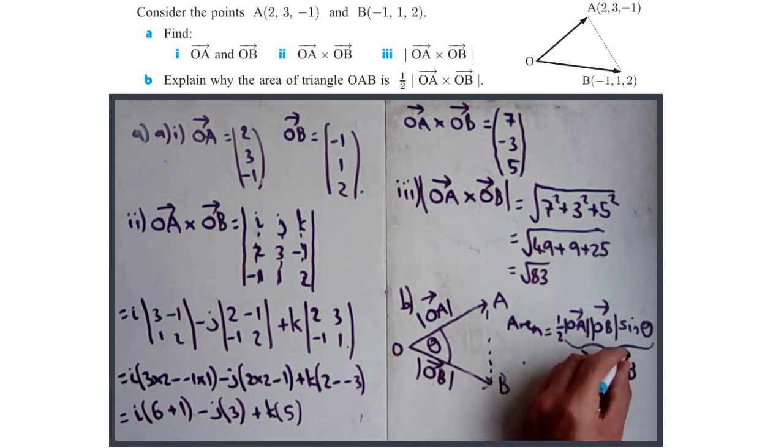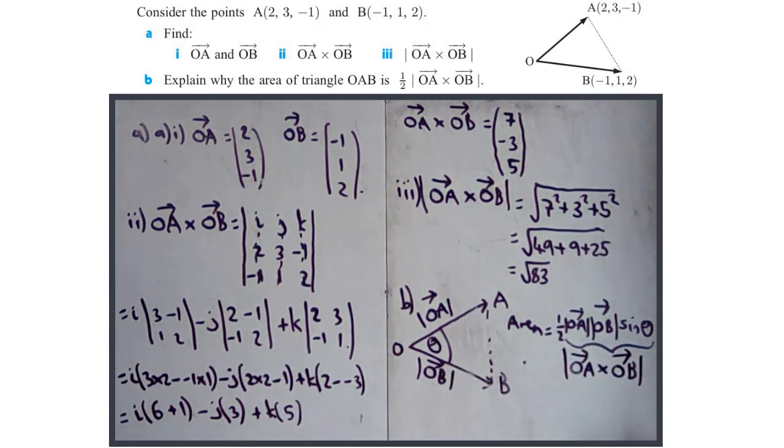So that is the magnitude of, in this case, OA cross OB, but in a more general case, the two vectors that you find in the cross product are. Okay? So that shows us that area of triangle equals a half times the magnitude of OA cross OB.